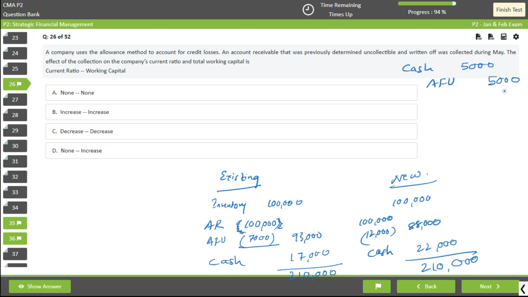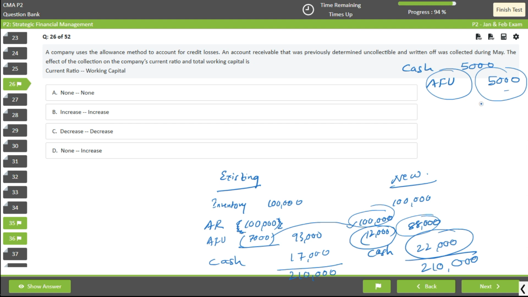Your cash is going to increase by 5,000, which will be 22,000, and the allowance for uncollectible accounts is going to increase by 5,000, from 7,000 to 12,000. That will decrease your accounts receivable to 88,000.